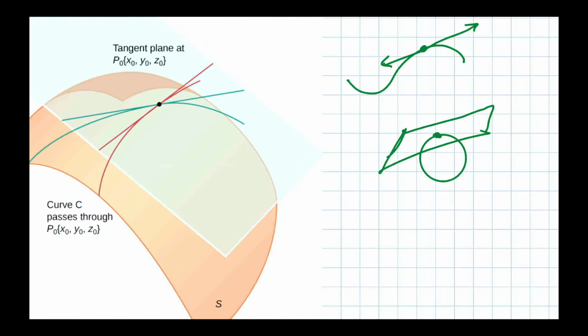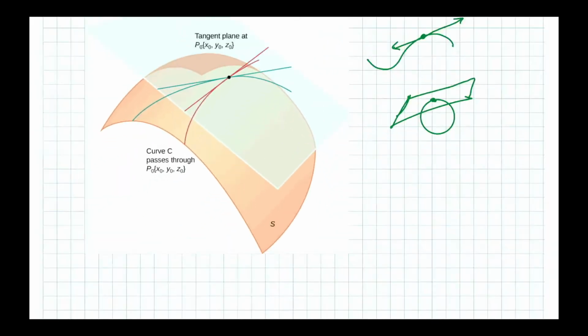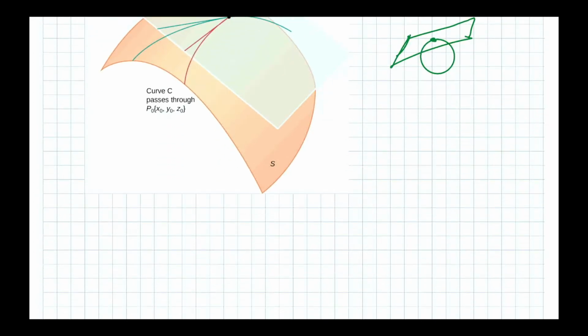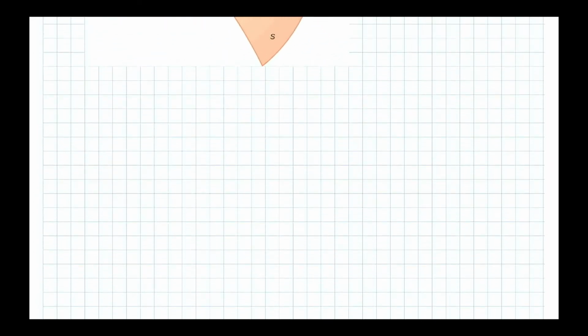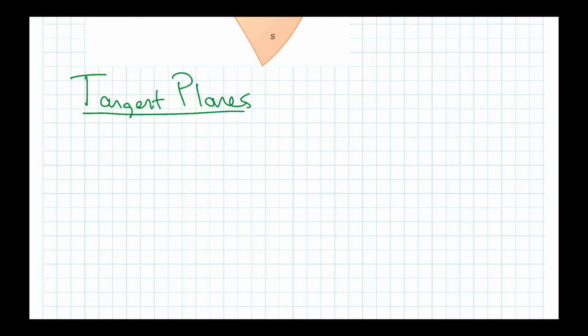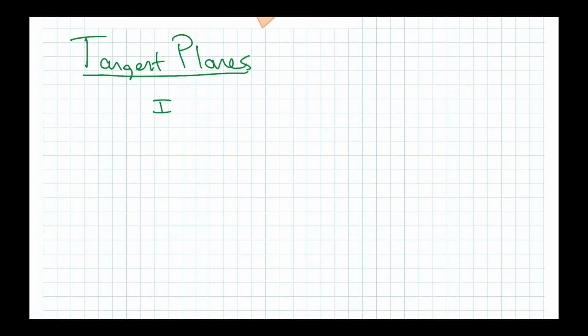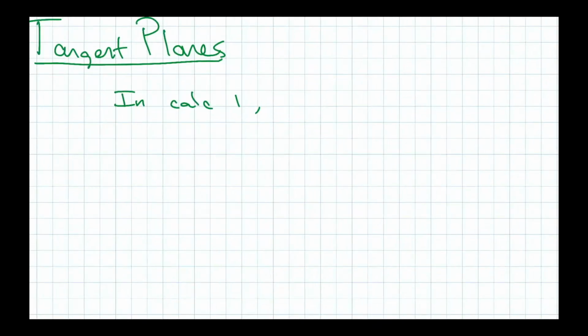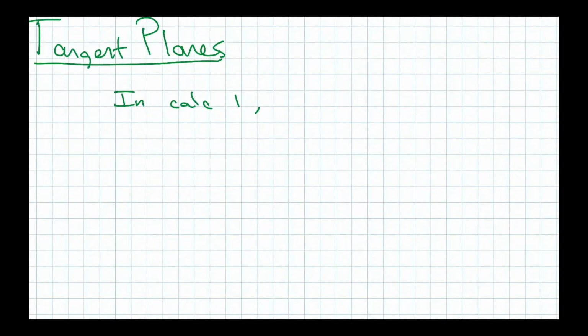Of course, what we want to know is how to calculate them, and we'll have to derive that. So let's just mention something about calculus 1. In calculus 1, first you find out what the slope of a tangent line is.